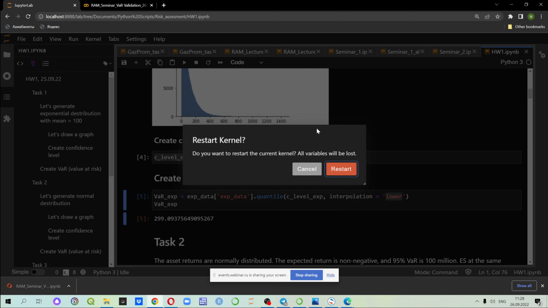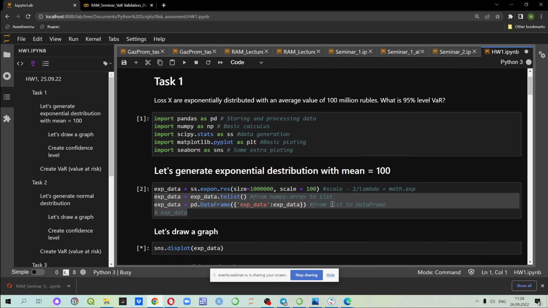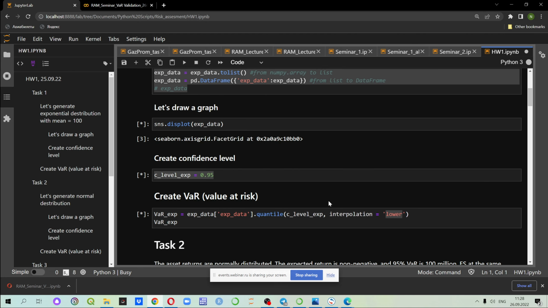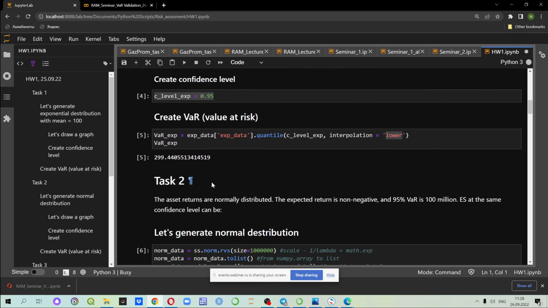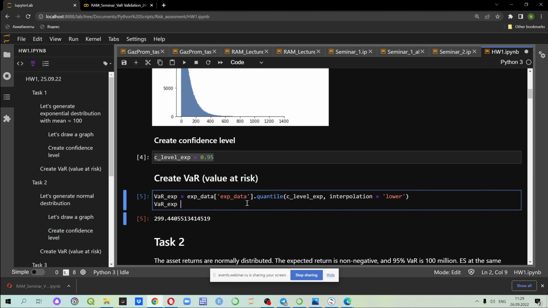Absolutely. So you decided to go with the Monte Carlo simulation, right? You generated a pretty large sample and applied empirical estimation. Why interpolation lower? Here's a good question. Can you answer it?